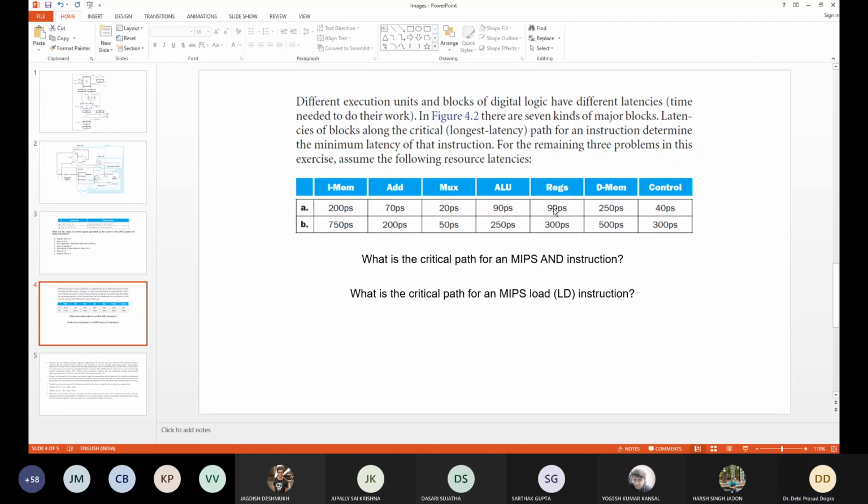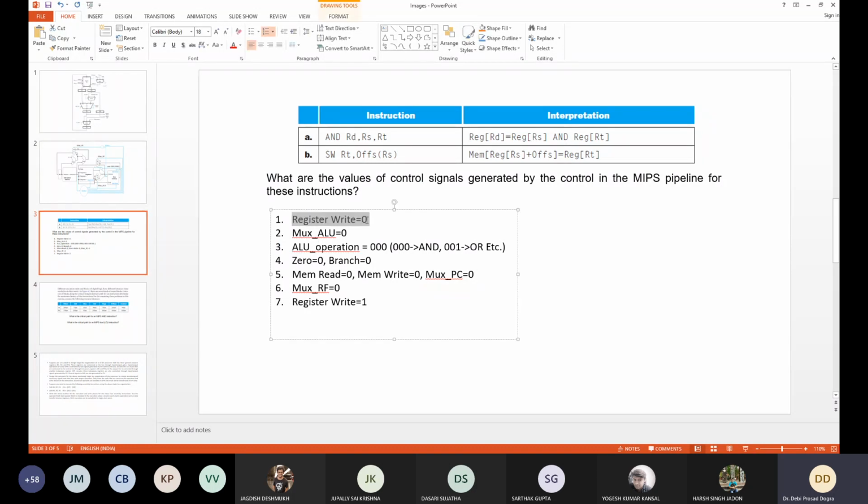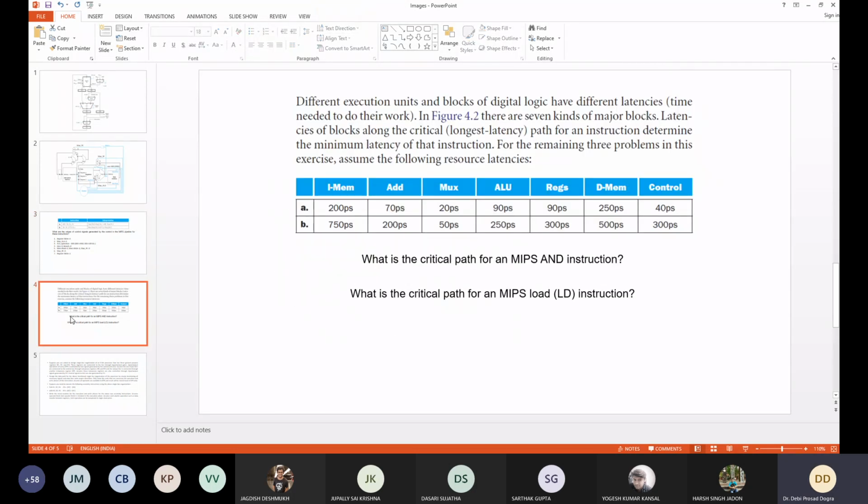Now, the control signals to read the values from the registers obviously need 40 picoseconds to generate. So 200 plus 40 plus 90. Why is this 40 required? Because you need to generate this signal, the register write signal. Accordingly you'll have to add it.